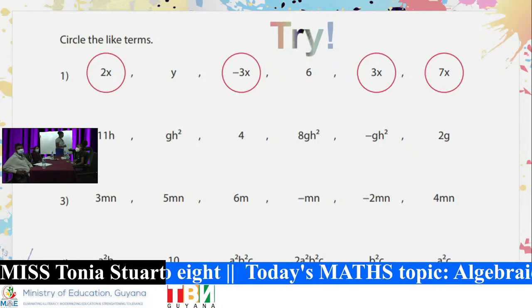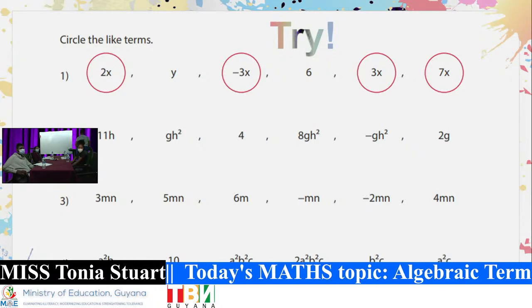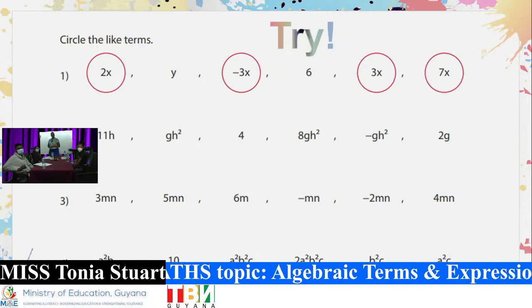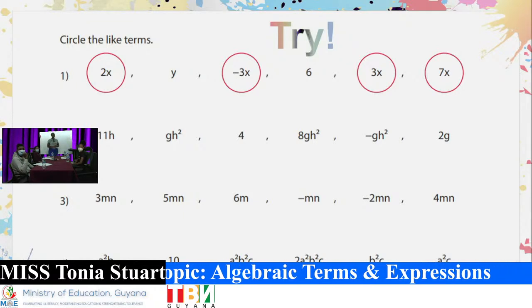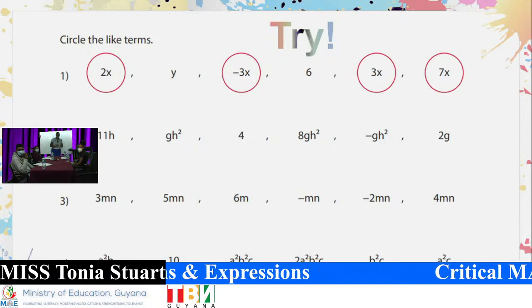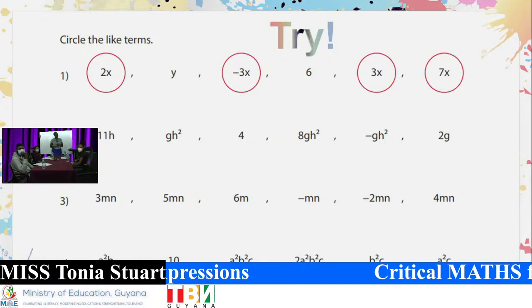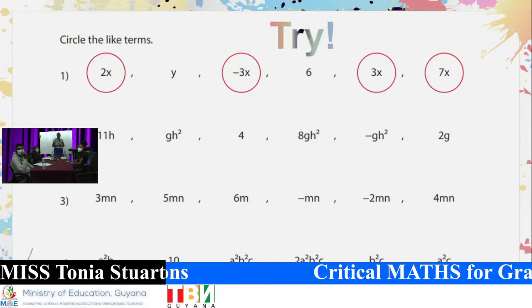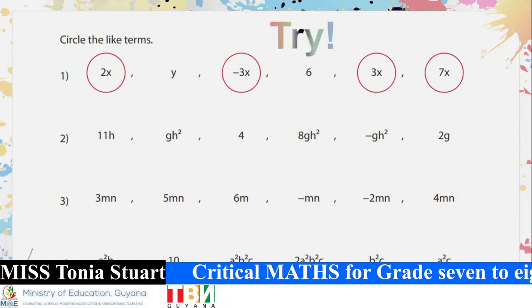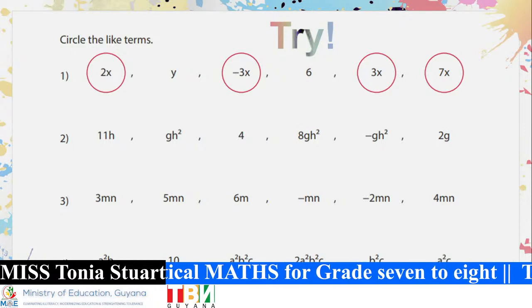So let's look at number 2. We have the first one, you have 11h. You have gh squared, 4hg, 8gh squared, -gh squared, and 2g.